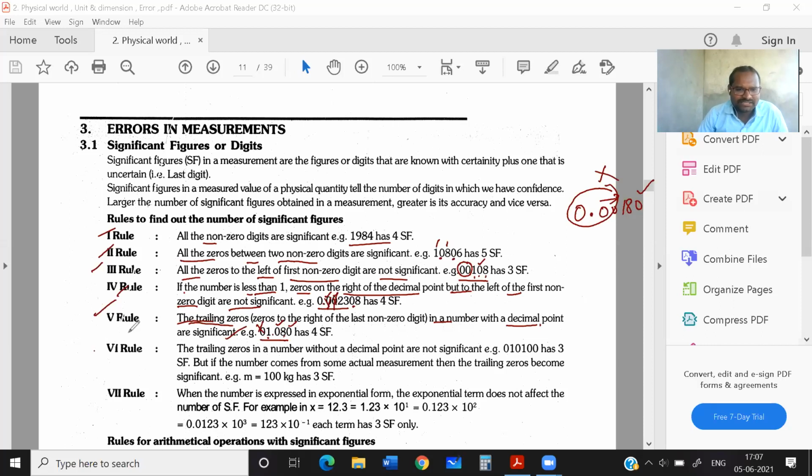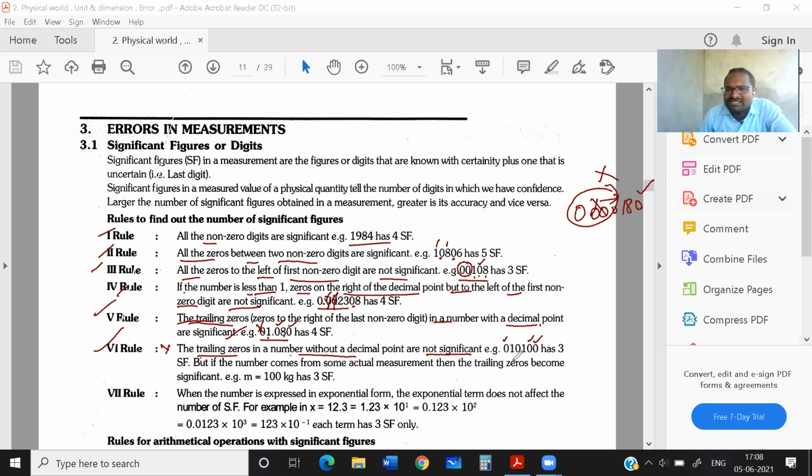Next, one more point about trailing zeros. The trailing zeros in a number without a decimal point are not significant. Important point. If the decimal point is not there, then the trailing zeros are not significant. For example, 0 1 0 1 0 0. In this, these two are not significant.